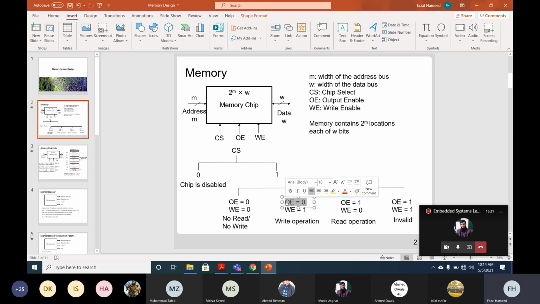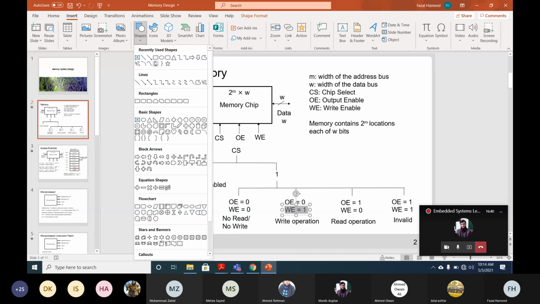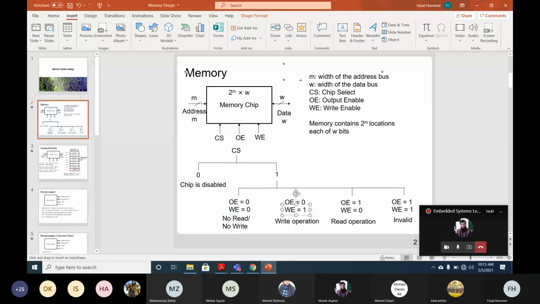The second possibility: when OE is 0 and WE is 1, it is a write operation. What will be the direction of the data? Inwards to the memory or outwards from the memory?